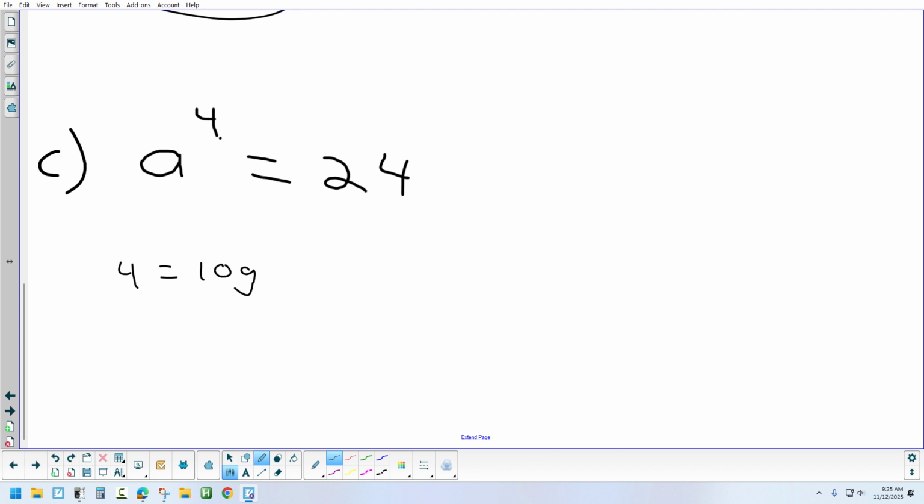No, not base 24. What's my base here? Yeah, A. Log base A of 24. And as long as you have the 4 on one side and that expression on the other, if you switch the two, that's fine. This is okay. Same thing. Any question on that?